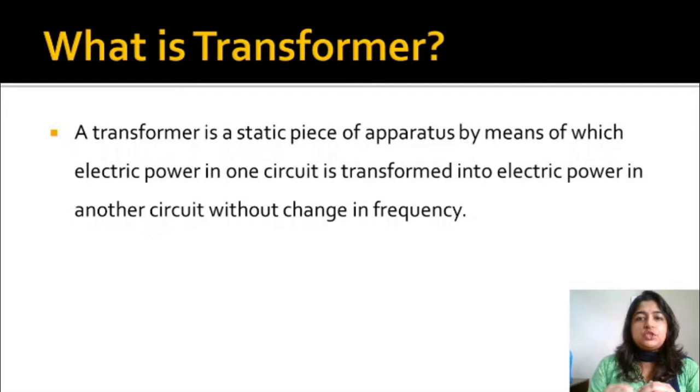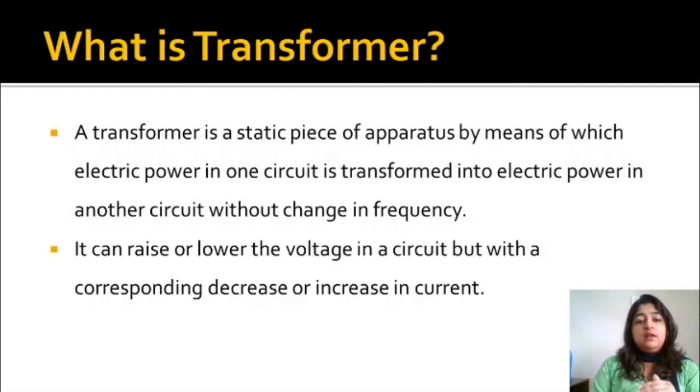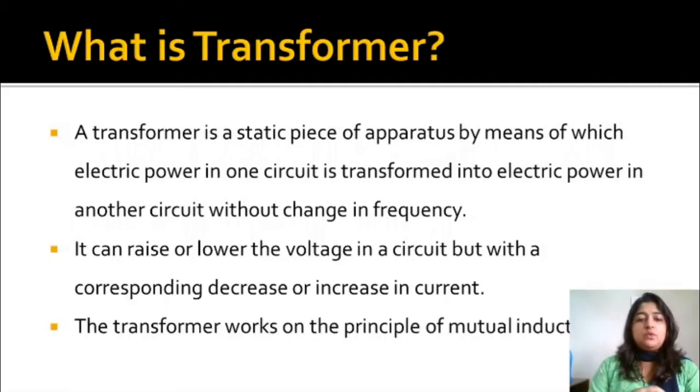Now when it does so, it can either level up the voltage or level down the voltage. If it raises the voltage, it is called a step up transformer. If it lowers the voltage, it is called a step down transformer. We generally use these terms depending upon whether the voltage increases or decreases.